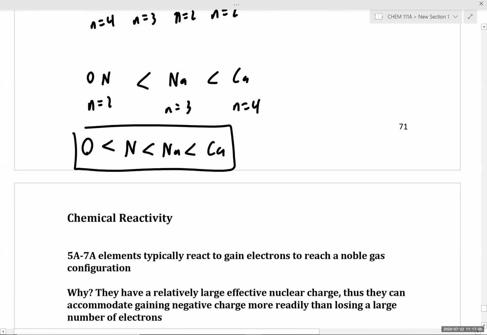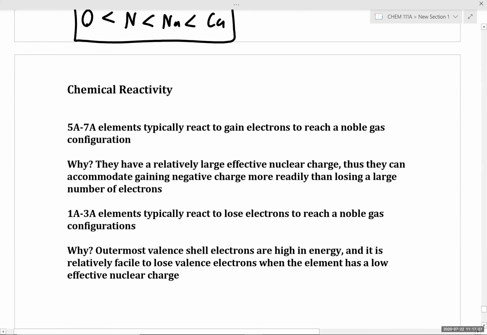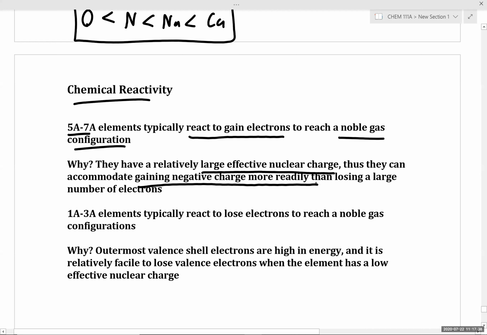Okay, so let's keep going and talk about general trends in chemical reactivity. Let's try to relate these ionization energy and electron affinity trends to trends in chemical reactivity. First, 5A through 7A elements typically react to gain electrons to reach a noble gas configuration. The reason for that is they have a relatively large effective nuclear charge, and they can accommodate gaining a negative charge more readily.